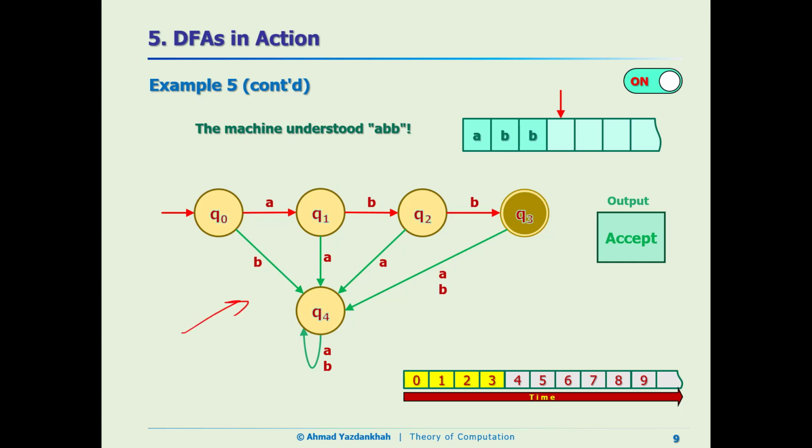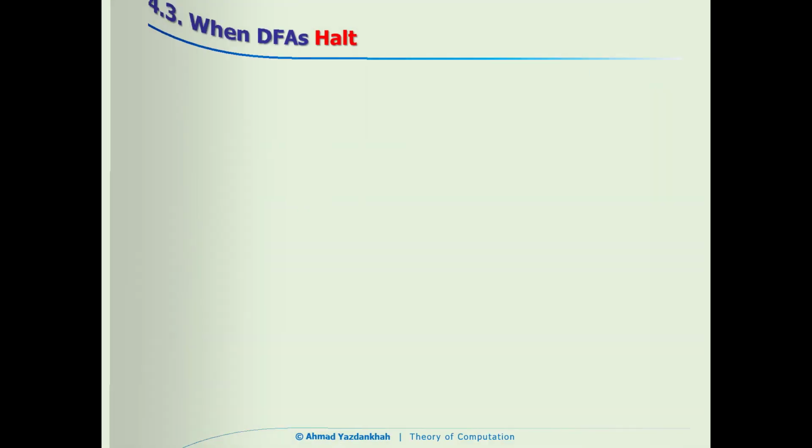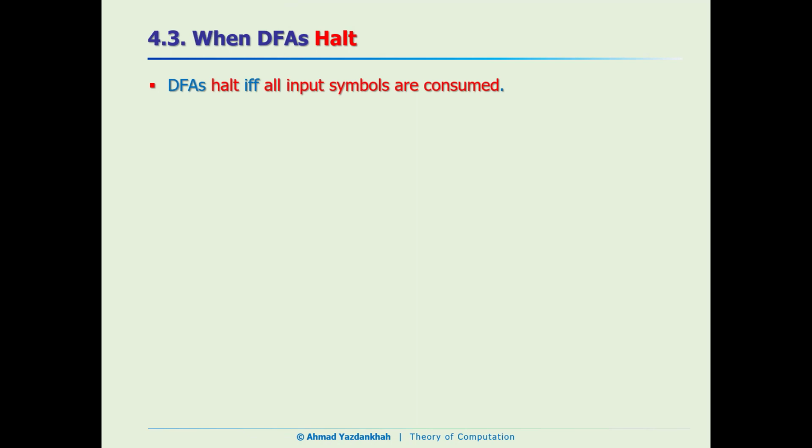Based on the knowledge we just got from analyzing this machine, now we know how the machine stops. So before going further, let's discuss when DFAs halt or stop. Based on our knowledge so far, DFAs halt if and only if all input symbols are consumed. How can we show this statement with a logical statement?